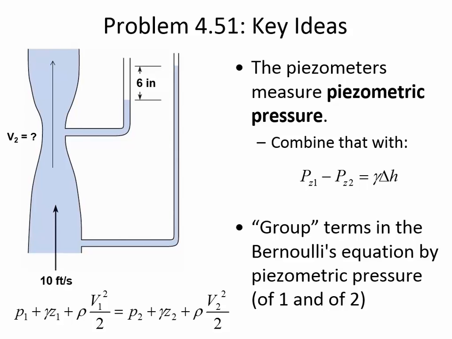We want to know the difference in pressure that's related to the difference in velocities. So we're going to do that same grouping by P sub z as the example that you saw today in class. It's a combination of hydrostatic equation and Bernoulli equation, similar to what we just went through.